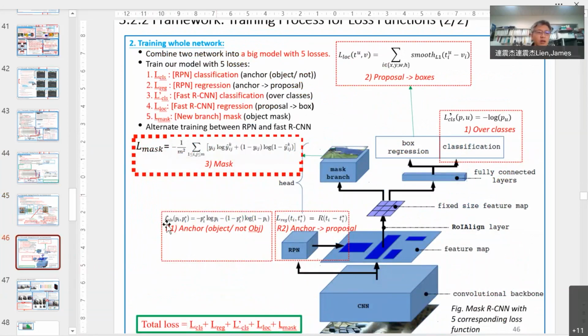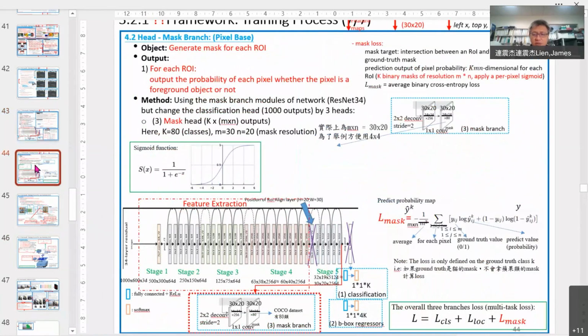Okay, page 46. Here we talk about the total loss, which is 3.